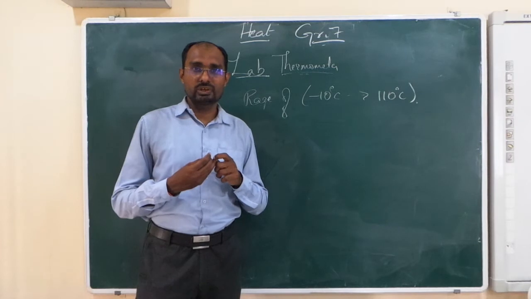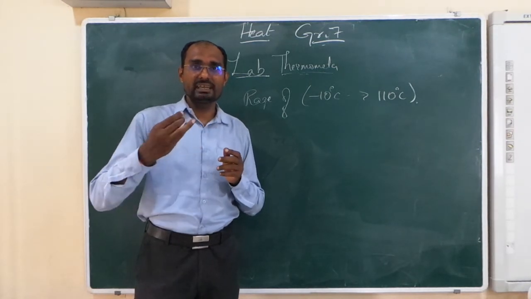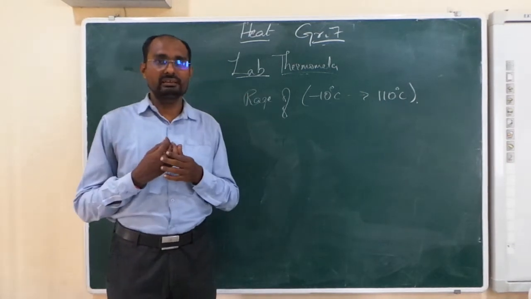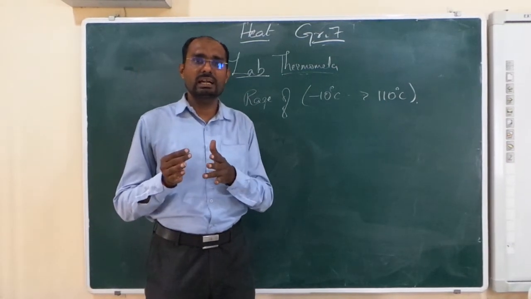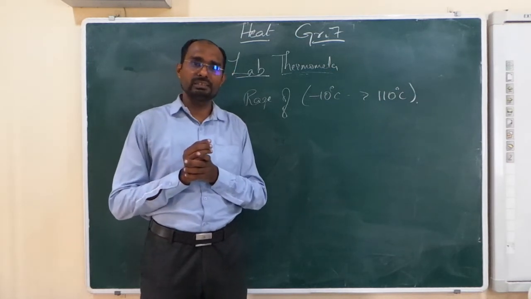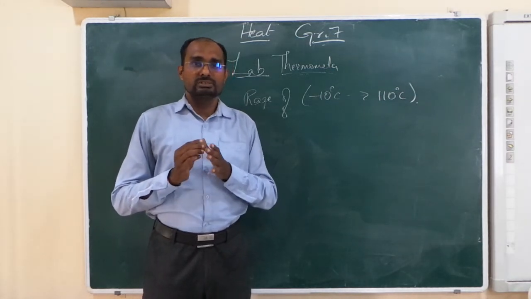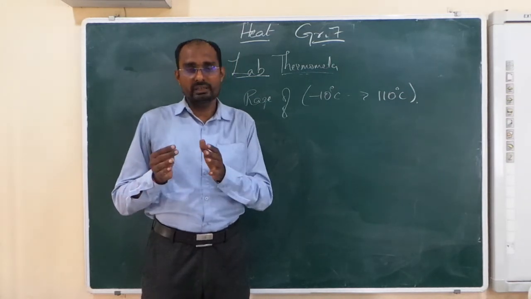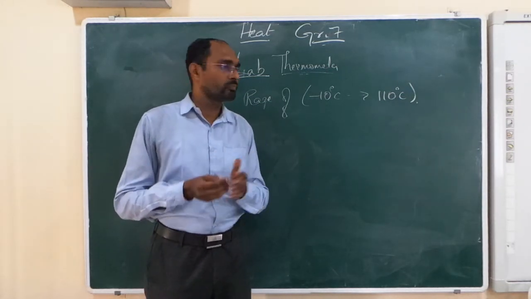We should also see that it does not strike any hard surface when we are whipping it, because it may break. The same precautions are applicable even for a laboratory thermometer. So this is the construction. Now coming to working. Working is also the same.